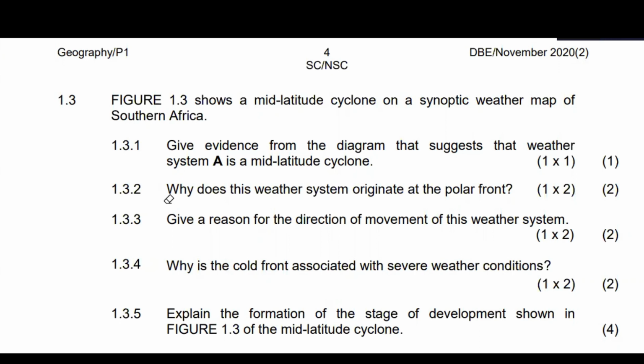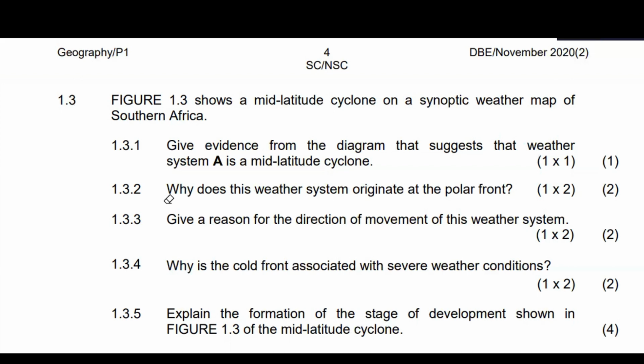We go to question 1.3.2, which says: why does this weather system originate at the polar front?